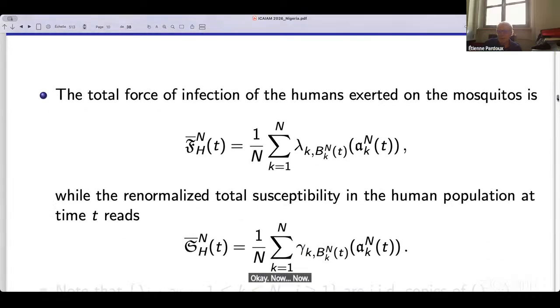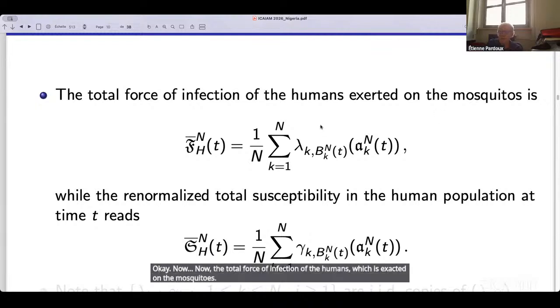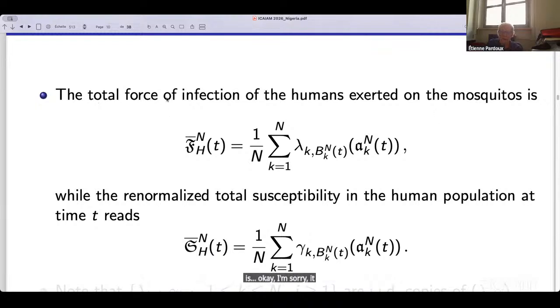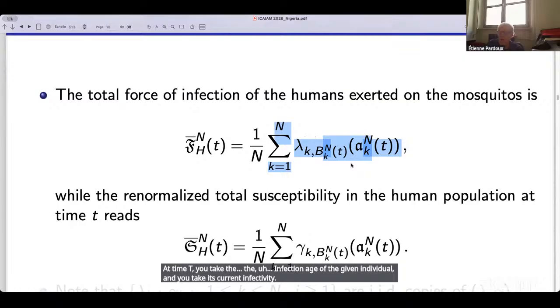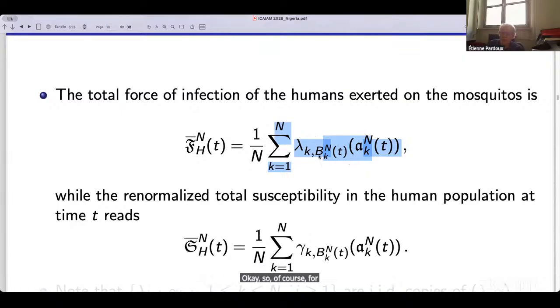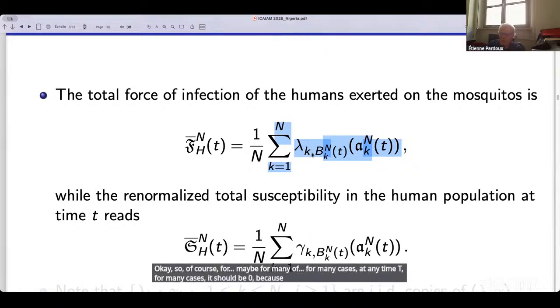Now the total force of infection of the humans, which is exerted on the mosquitoes, is a renormalized total force of infection. The total force of infection is this sum: you sum over all humans at time t, take the infection age of the given individual, and take its current infectivity. Of course, for many cases at any time t it should be 0, because not everybody is infectious at any time.